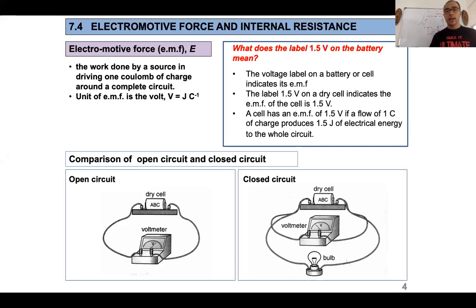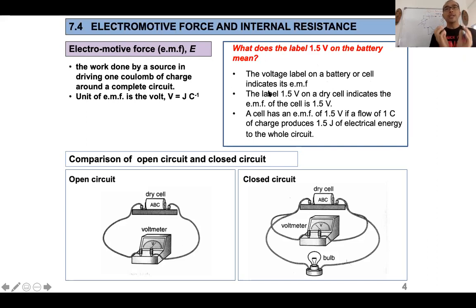So in this way, if you take a look at the 2 readings, in the open circuit, the reading of the voltmeter is bigger than the reading of the voltmeter in the closed circuit. All these observations are very important. So the question we need to ask now, what does the label 1.5 volt on the battery mean? The voltage label on a battery or cell indicates its EMF.